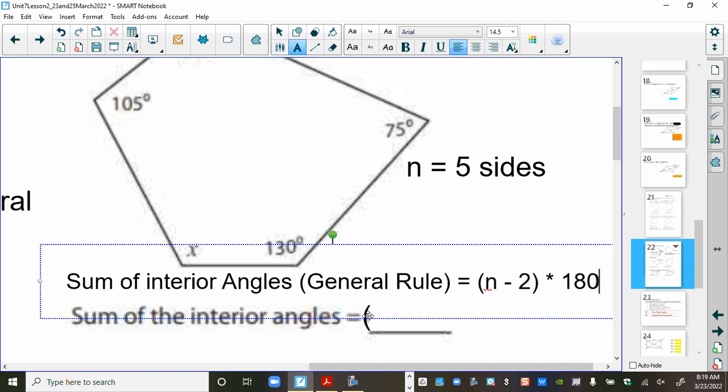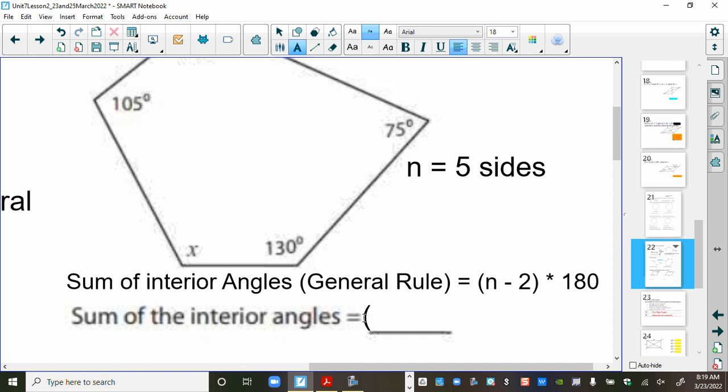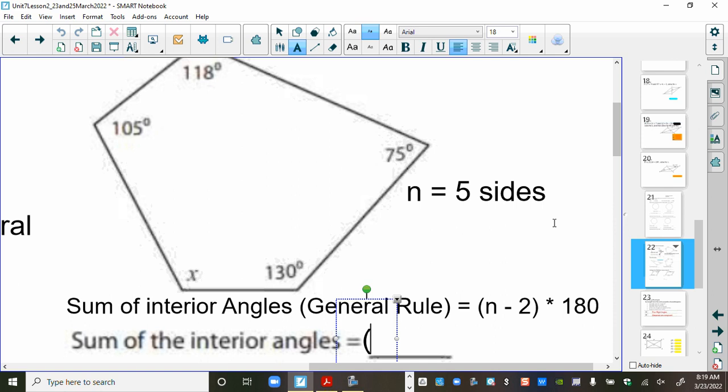Well, how many sides do we have? How many sides do we have for this problem here? So then it's 5 minus what number? And after that, we multiply by? Okay.